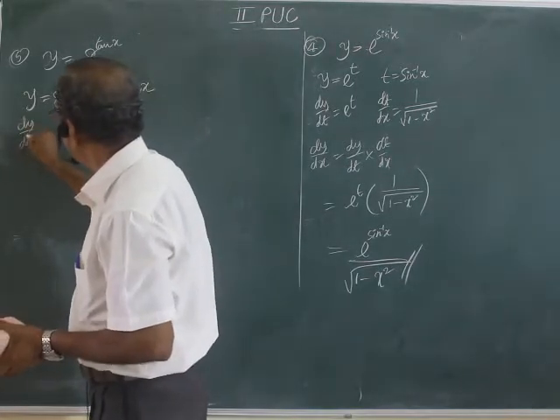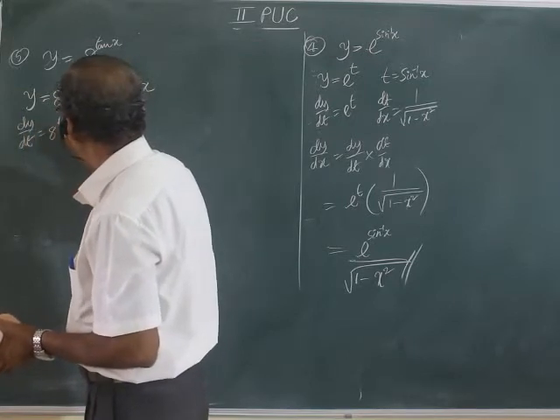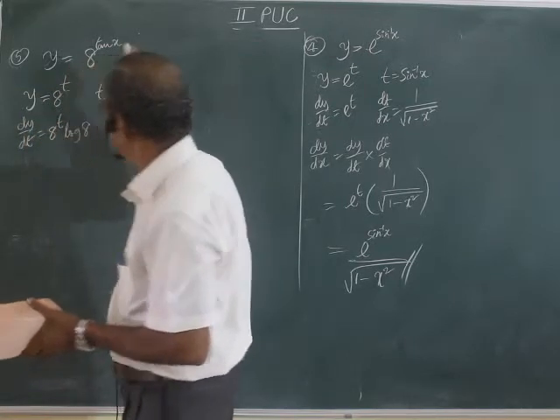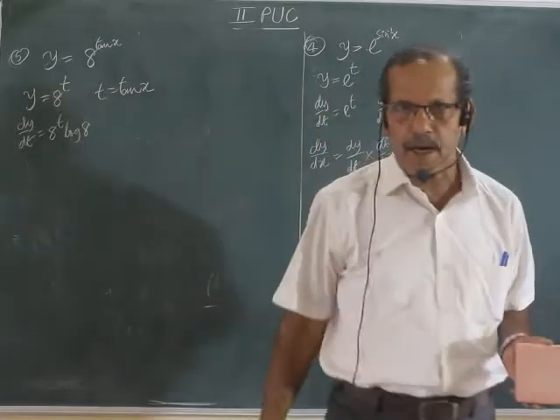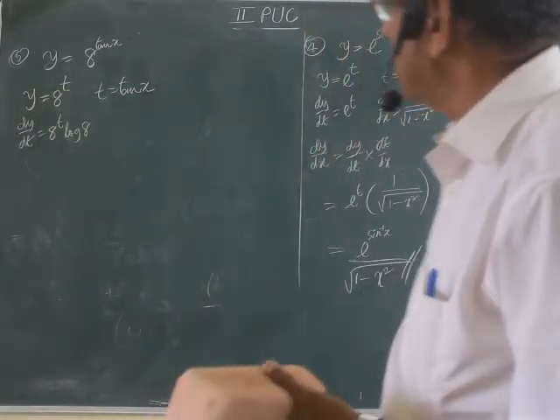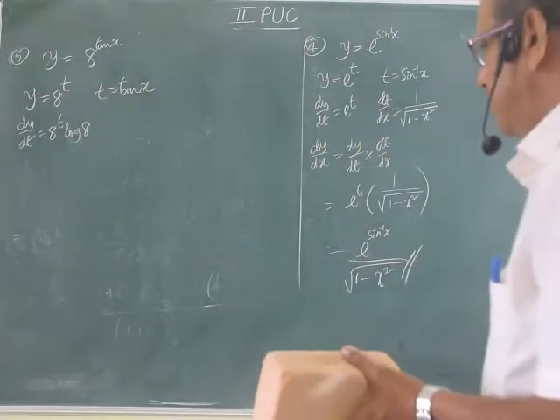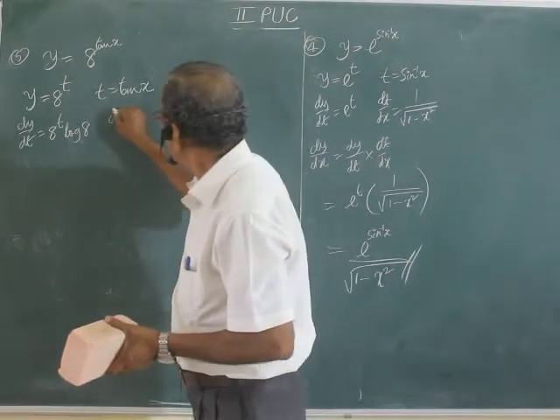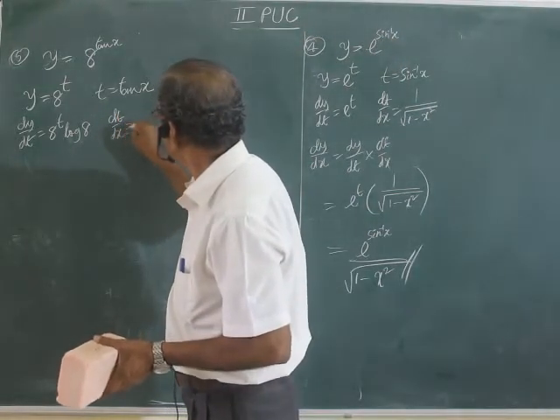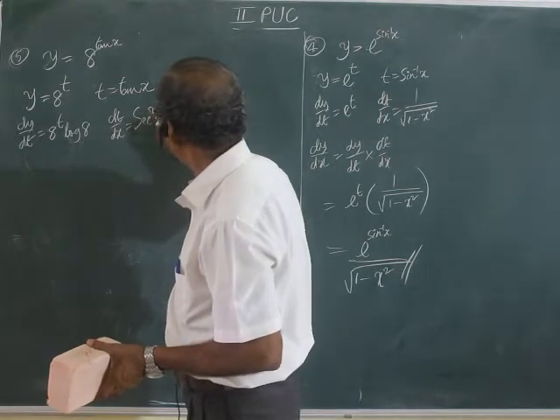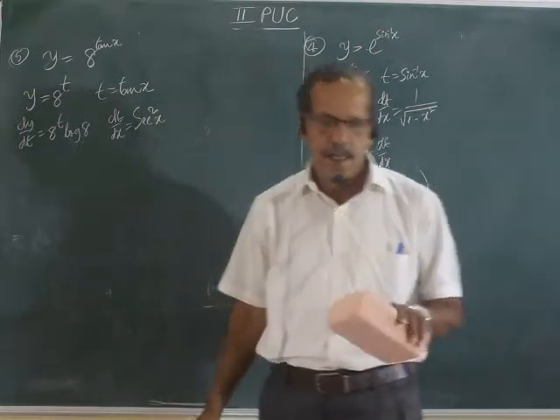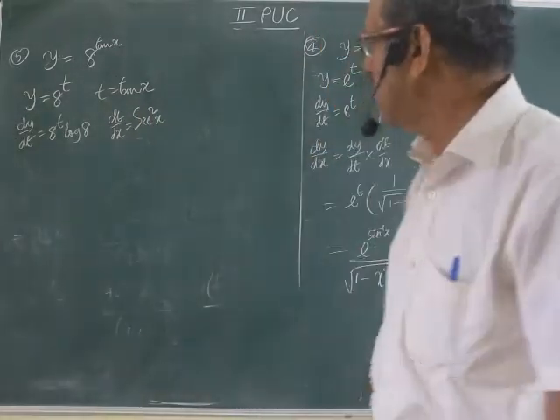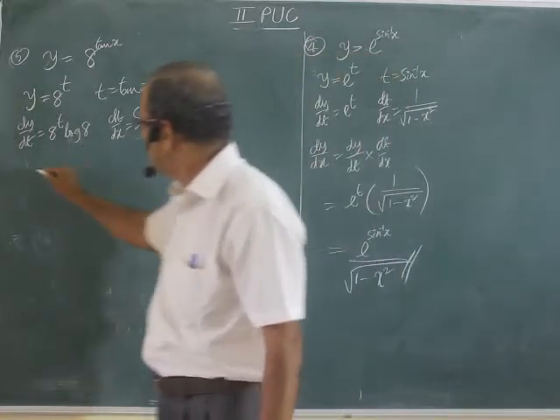Dy by dt, 8 to the power t into log 8. Remember, a to the power x formula. A to the power x into log a. Dt by dx, tan x derivative is secant square x. Right? Chain rule formula.